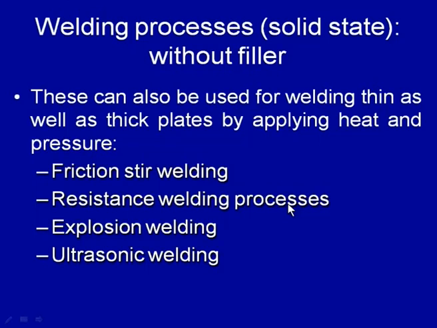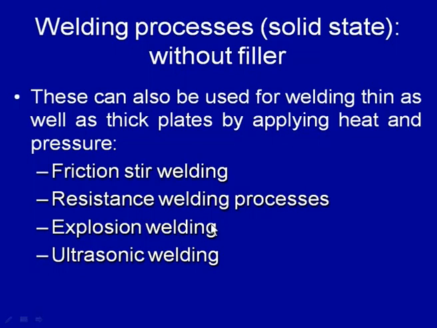degrees centigrade. Similarly, in resistance welding process, material is softened first by electrical resistance heating, and then pressure is applied to consolidate the joint at the interface and produce the metallic continuity for producing a weld joint.